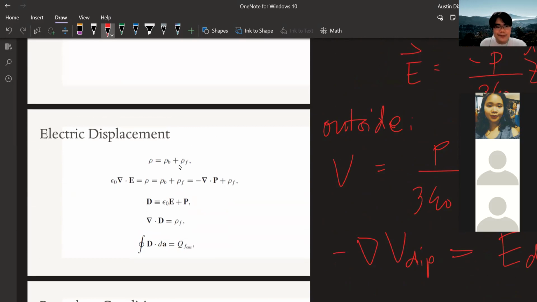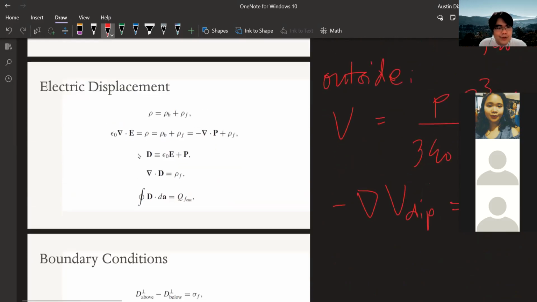Okay? So yung Gauss's law natin, del dot E, di ba na kinuha natin to from third lesson? Del dot E equals rho over epsilon naught. Nilipat lang natin si epsilon. Tapos si rho, sulat natin siya ngayon as rho B and then rho F.